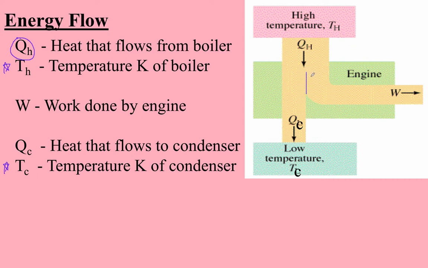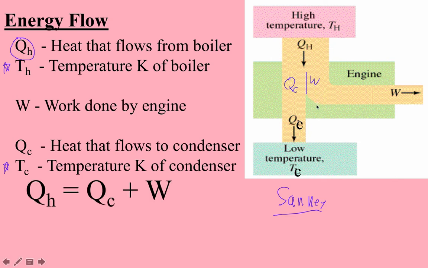Let me draw a little line here. We've got a branch that is work, a branch that is QC, and a branch that is QH. This is, by the way, called a Sankey diagram, and they're very helpful for solving these kinds of problems. If you apply conservation of energy, or just look at the diagram, this branch here is QH.